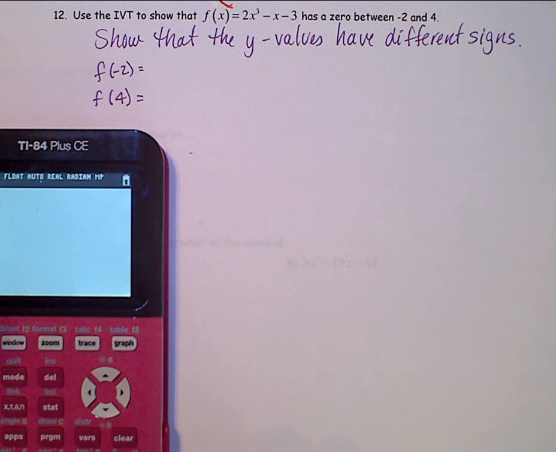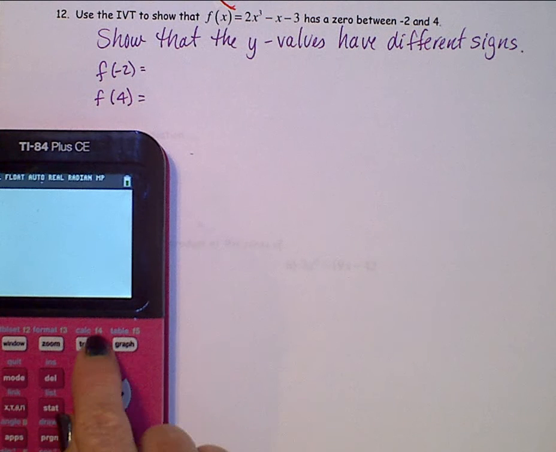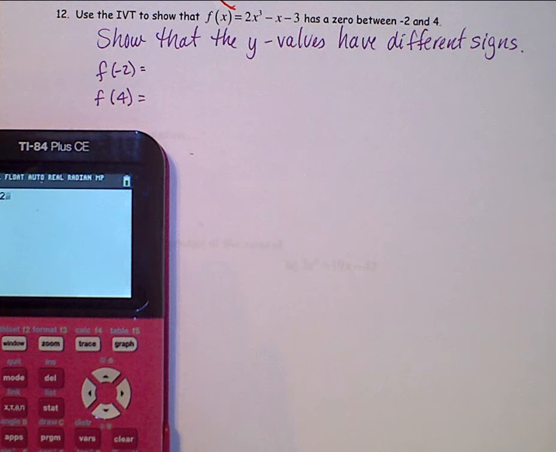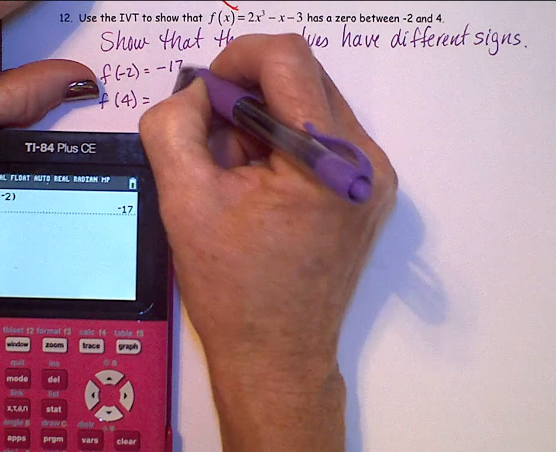All right, I want you to find this function at negative 2. So you have to evaluate this function at Y1. To get that, we're going to go alpha F4, Y1 at negative 2. So your calculator is really doing function notation. Enter, and it gives us that f of negative 2 is negative 17.